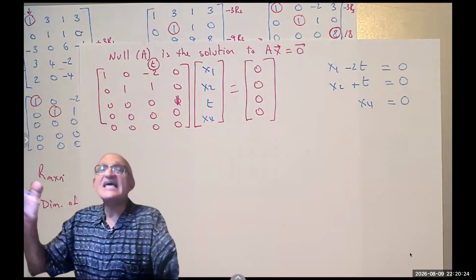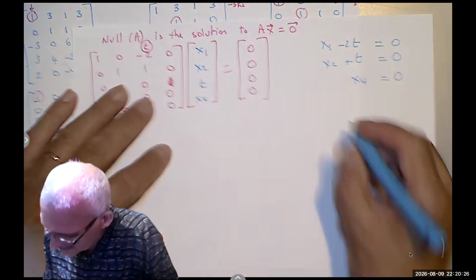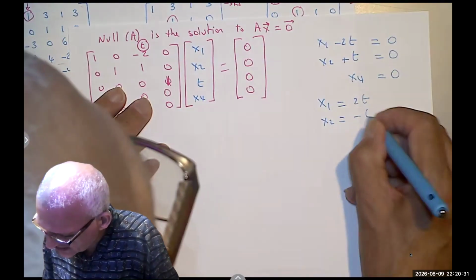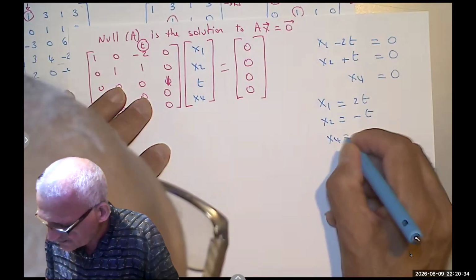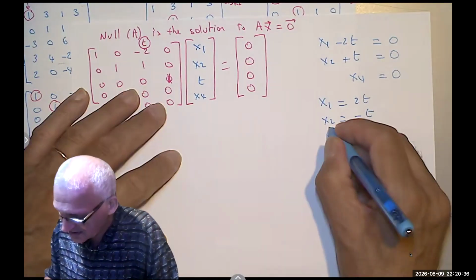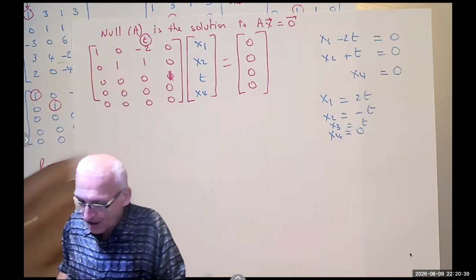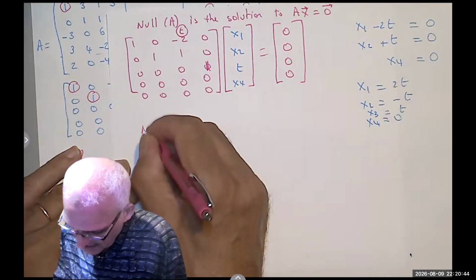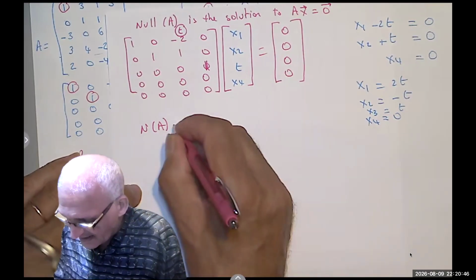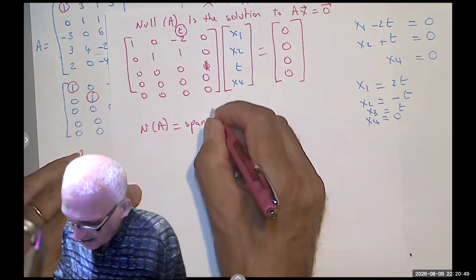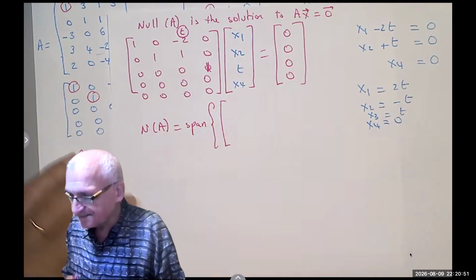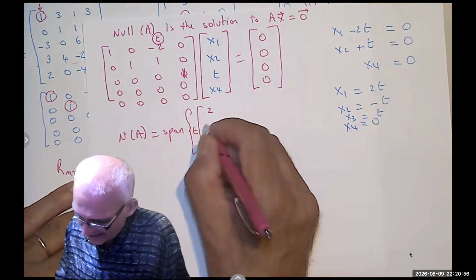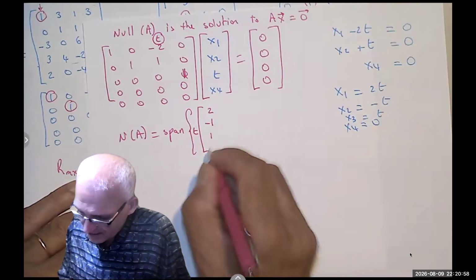But if I say t is any number in the world, I can write x1 as 2t and x2 as negative t, and x4 is 0. And x3, of course, is t. So I did say that the null space of A is the span of what? t times 2, negative 1, 1, 0.